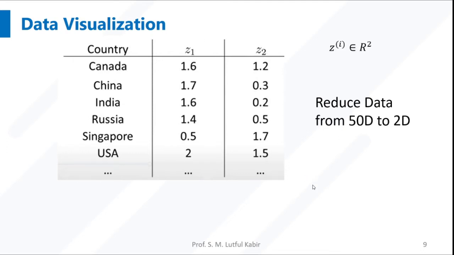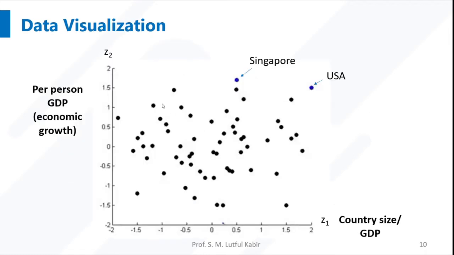And let us say it is a two-dimensional array, that means the number of features is 2. So if we plot z1 and z2, we'll have this plot. Each and every point represents some country. For example, USA, Singapore is shown, and all other points are actually for a country.